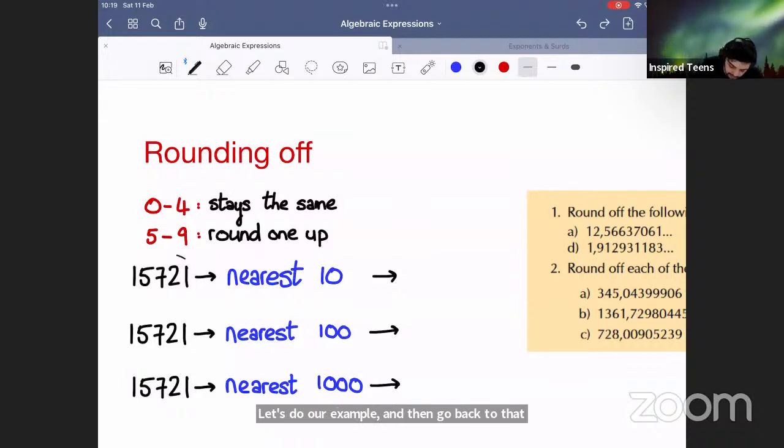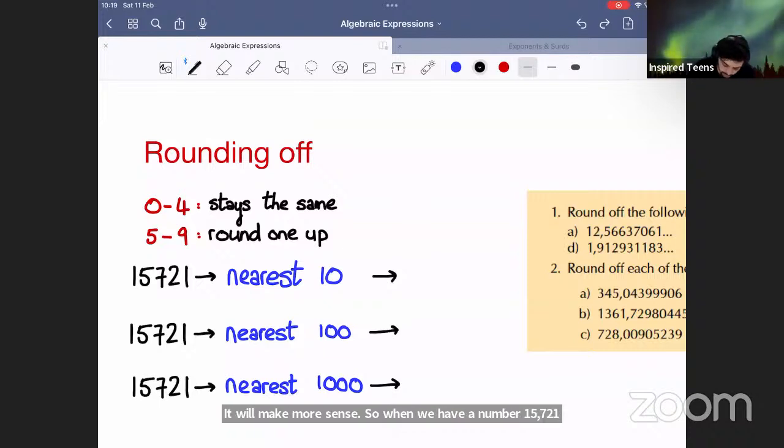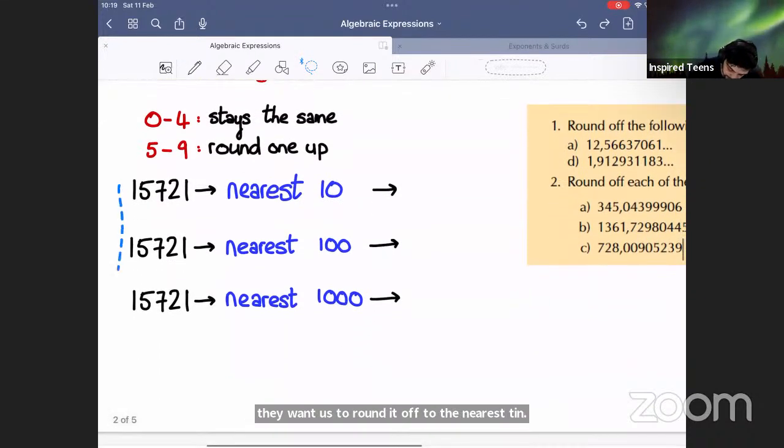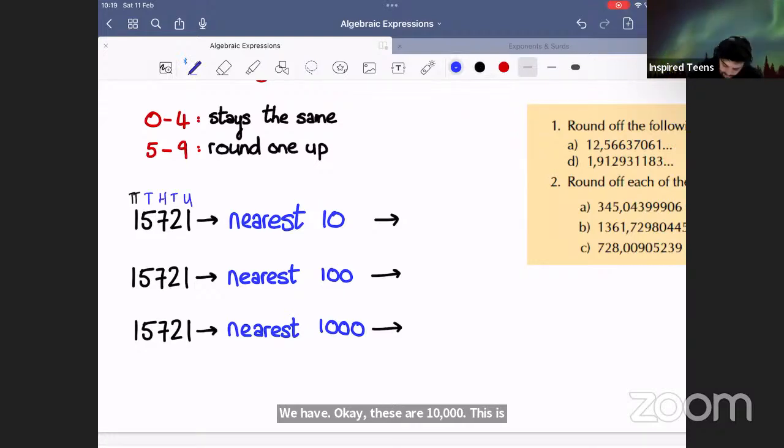So when we have a number 15,721, they want us to round it off to the nearest 10. So remember, if we go back to grade 8, these are our 10,000s, thousands, hundreds, tens, units.